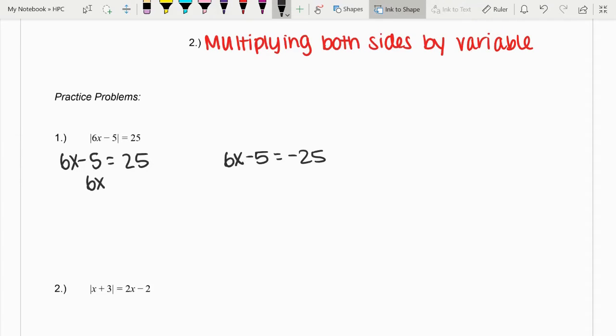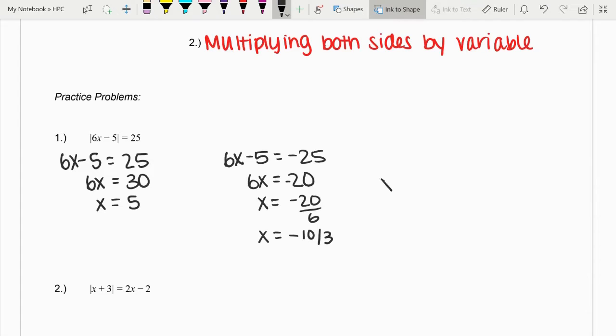I'm going to have 6x is equal to 30, so x is equal to 5. For this other one, I have 6x is equal to negative 20, so x is equal to negative 20 over 6. If we simplify that, we get negative 10 thirds. So my solutions are x is equal to 5, comma, negative 10 over 3.